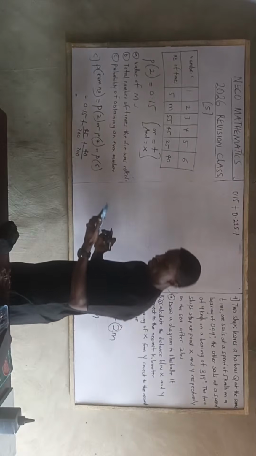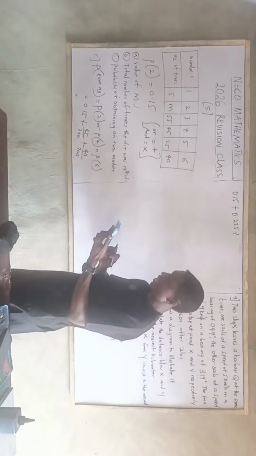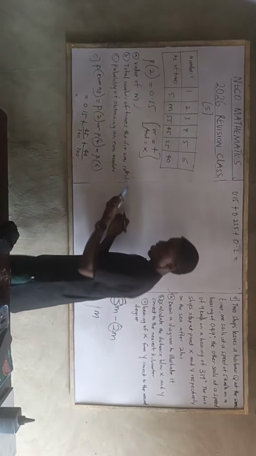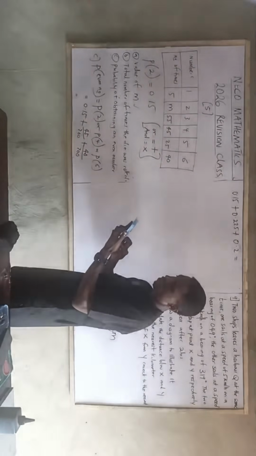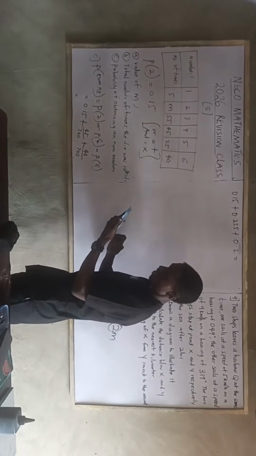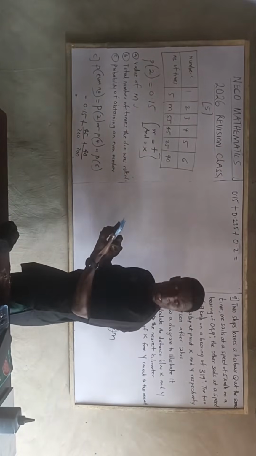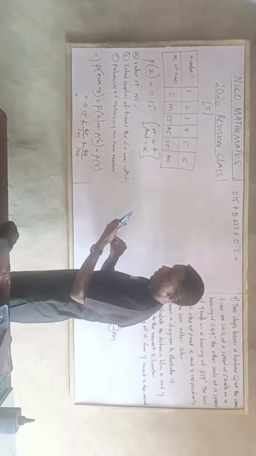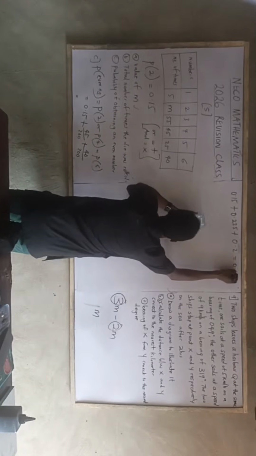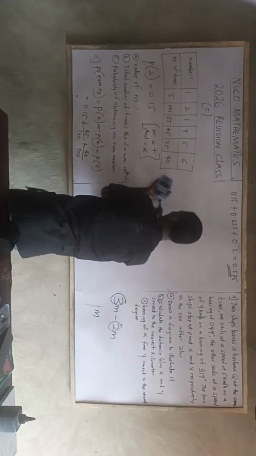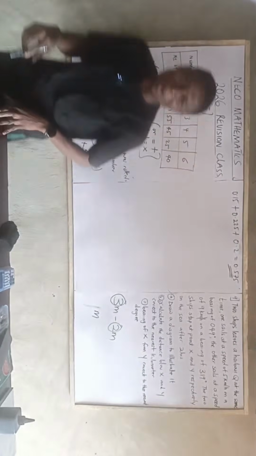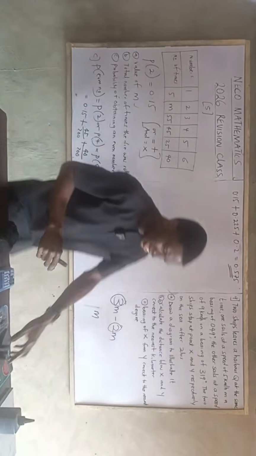Then the very last one, 40 divided by 200, we've got 0.2. Finally, we add them up together: 0.2 plus 0.225 plus 0.15 gives 0.575 altogether, as the probability of obtaining an even number. That's all about the question here.